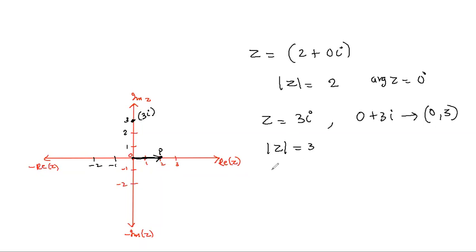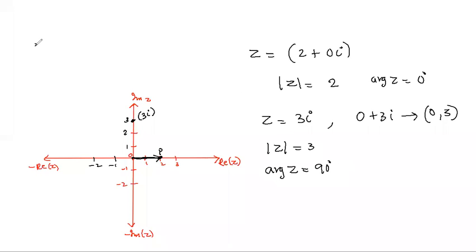Very good. What is the argument of Z? 90 degrees. Why 90 degrees? I must rotate 90 degrees to reach here. So we are not using any formula. Just looking logically, we are saying what the argument is. So argument of Z is 90 degrees.